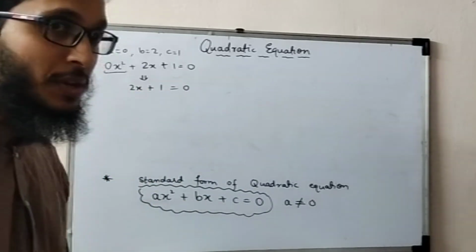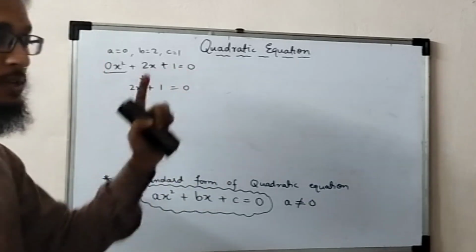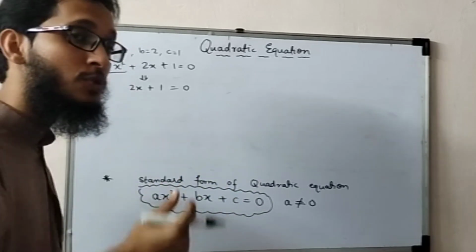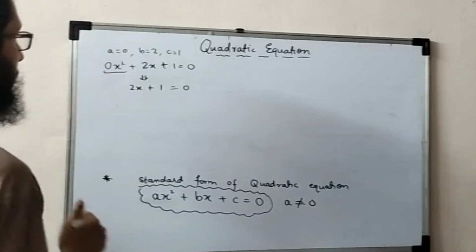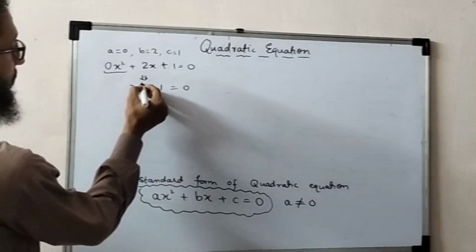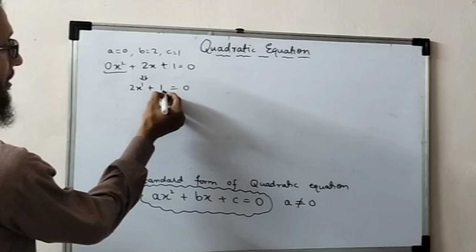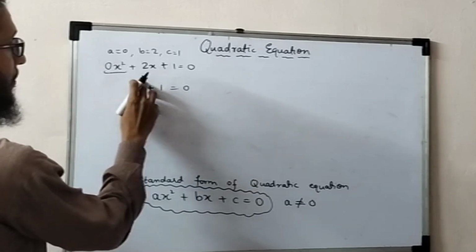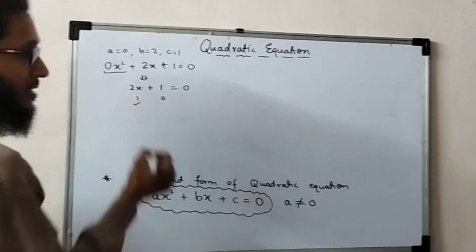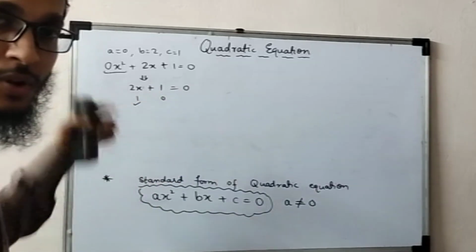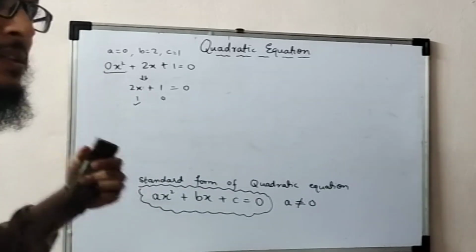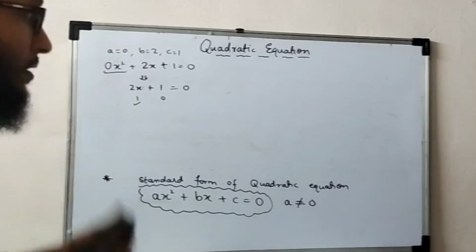Then what is the definition of a quadratic equation? The definition of a quadratic equation was that the maximum power of the variable should be 2. Here the power of this x is 1 and there is no variable in the constant term, which means its power is 0. Then the maximum power has now become 1. So this is not a quadratic equation. Therefore a should not be equal to 0, otherwise it will not exist as a quadratic equation.